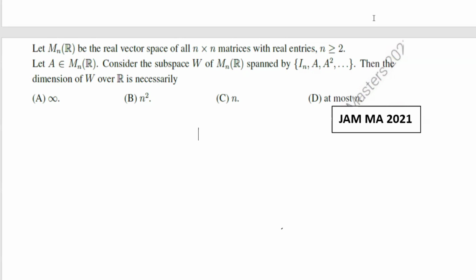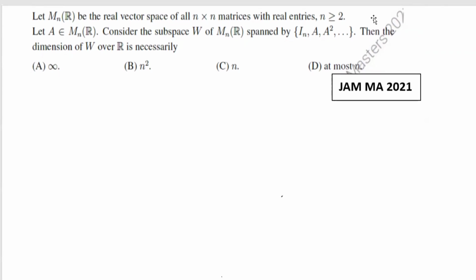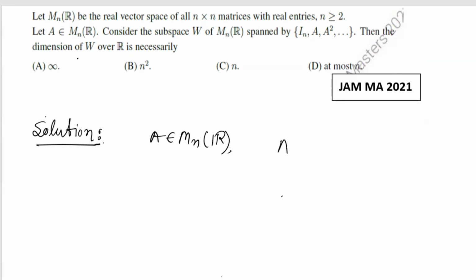Now the solution. Here, given A belongs to M_n(R), that is, A is an n cross n matrix with entries from the real field.